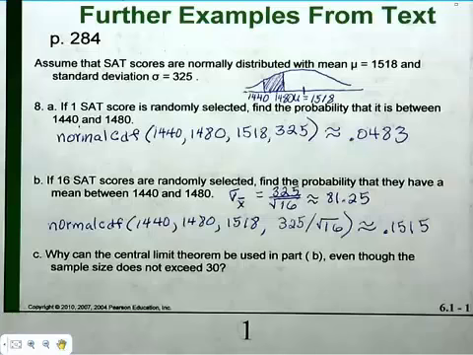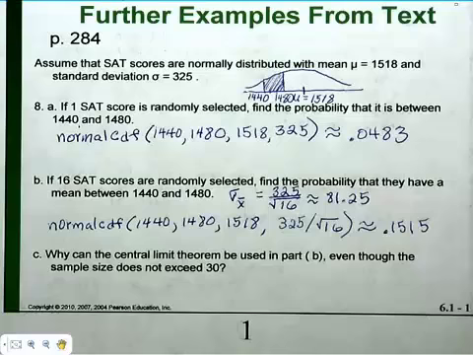The C part says, why can the central limit theorem be used in part B even though the sample size does not exceed 30? I actually forgot to ask myself, can I use the central limit theorem? I just did. But if I had been thinking like I should have been, I would have said, hey, that sample size is less than 30.